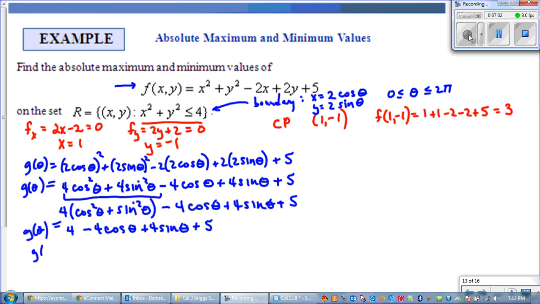So g of theta is equal to 9 minus 4 cosine theta plus 4 sine of theta.